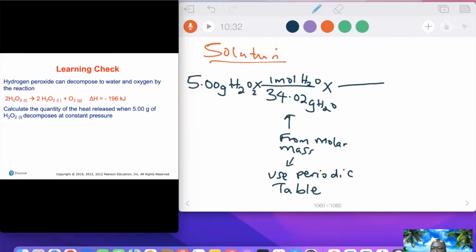Now we will use the thermochemical equation to relate the reactant and the amount of heat. From here, we know 2 moles of hydrogen peroxide will give away 196 kilojoules. Look at the unit reconciliation.